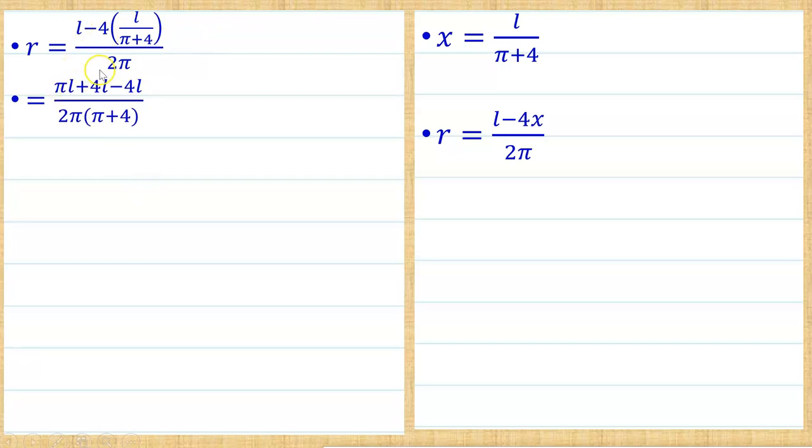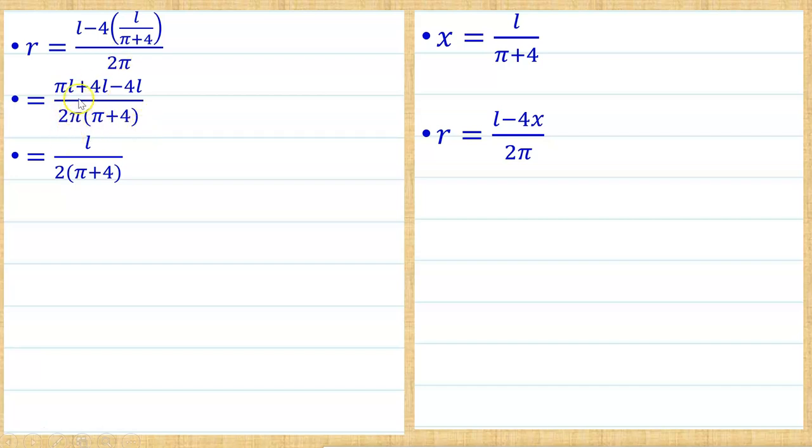Then here you will get pi l plus 4l minus l; plus 4l minus 4l get cancelled. Now again what remains here is, in the numerator, 4 pi l upon 2 pi in bracket pi plus 4.